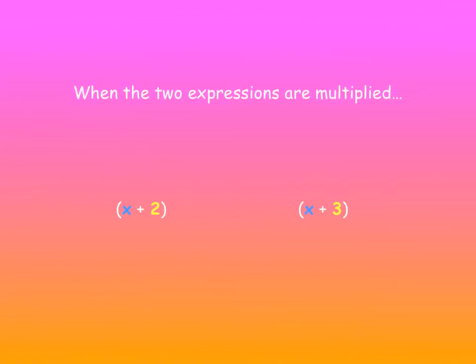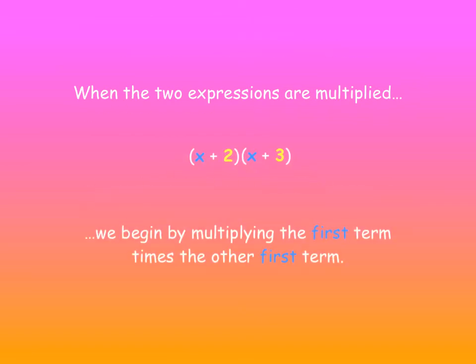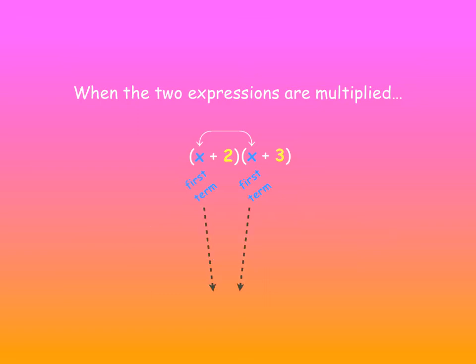When these two expressions are multiplied times each other, we begin by multiplying the first term times the other first term. And that will be x times x, which is x squared.